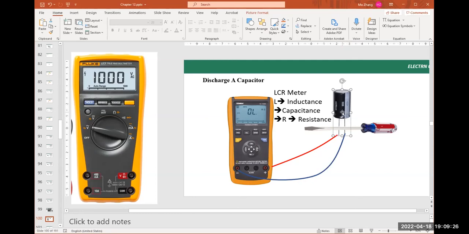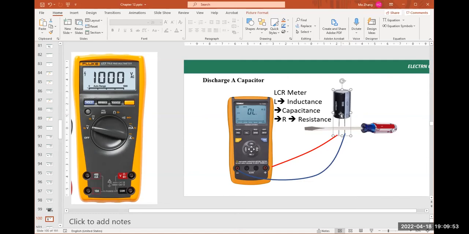This is a very useful technique. Let's say a capacitor in a microwave stores lots of charge. If you replace it without discharging it first, there's a chance we can be electrocuted. Even though we shut down the circuit breaker and turned off the power, the capacitor inside is still holding lots of charge, high current.